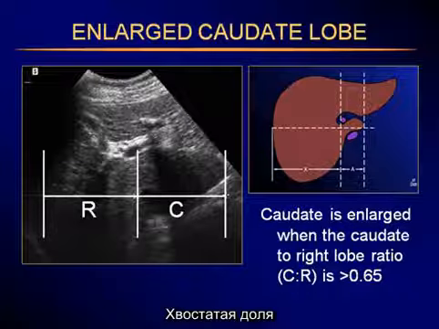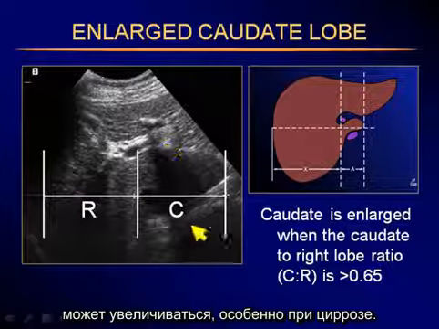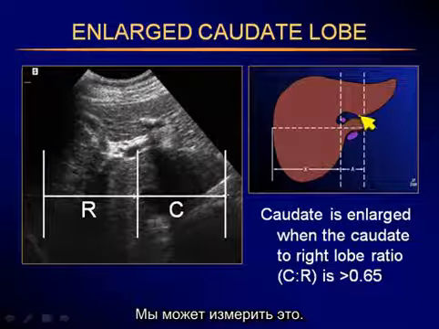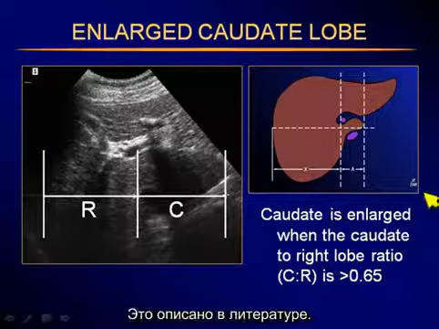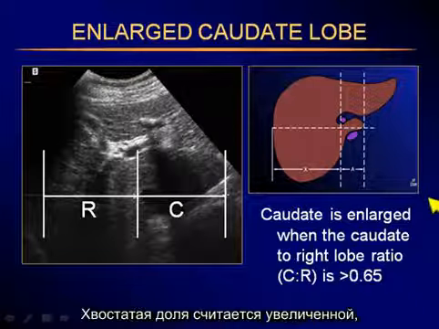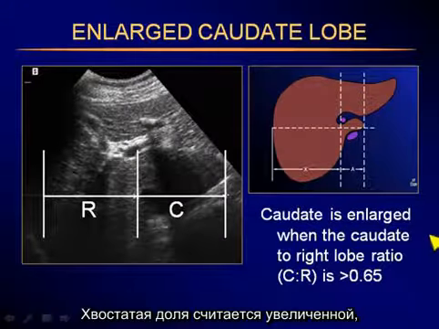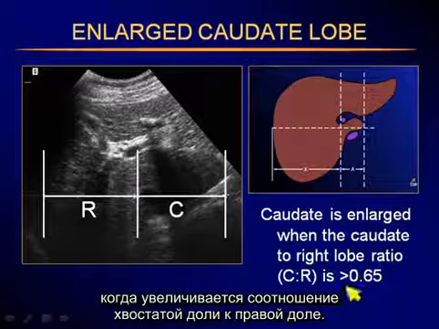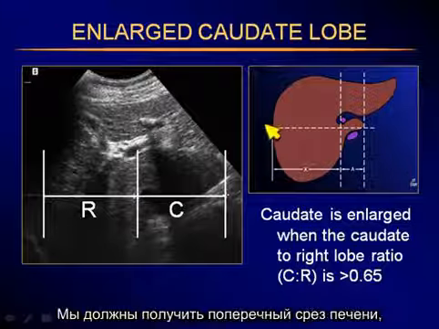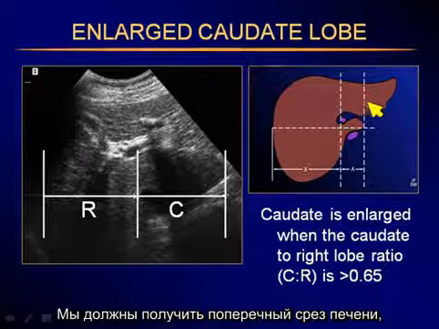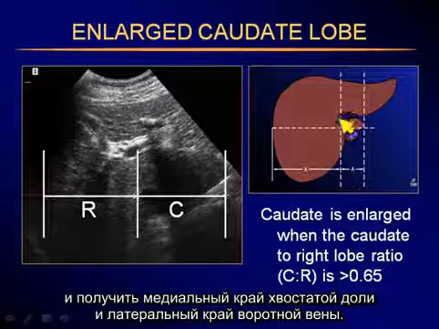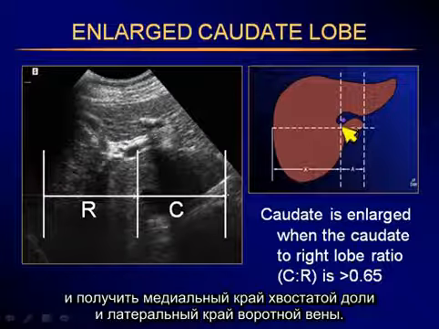Also, the caudate lobe can become enlarged, especially with cirrhosis. We can actually measure that. This is described in the literature. The caudate is enlarged when a certain ratio of the caudate to the right lobe is enlarged. So we would take a transverse section of the liver, take the medial margin of the caudate and the lateral margin as the lateral margin of the portal vein.